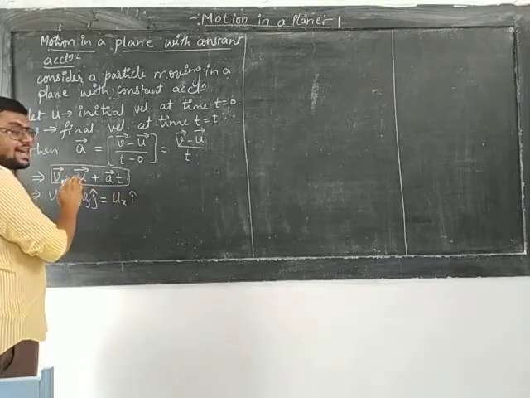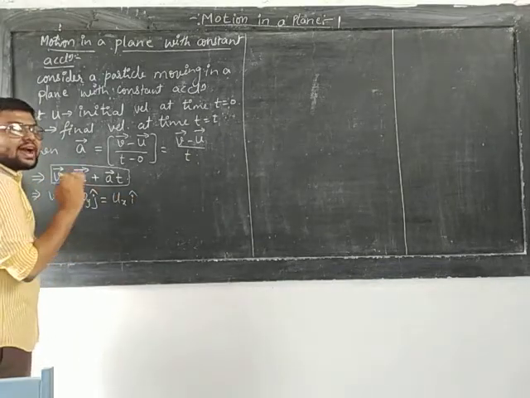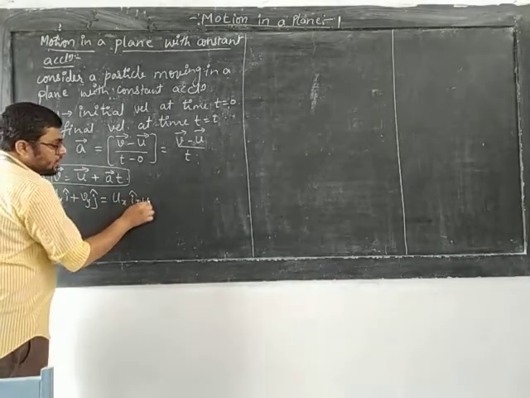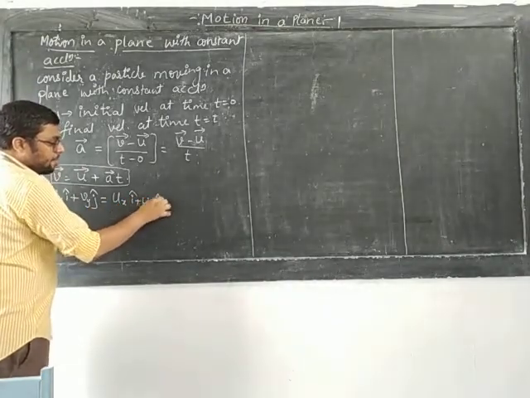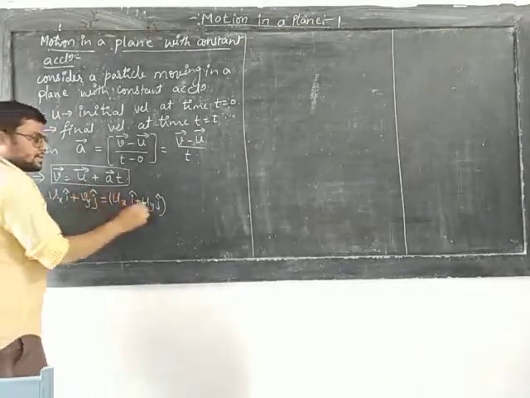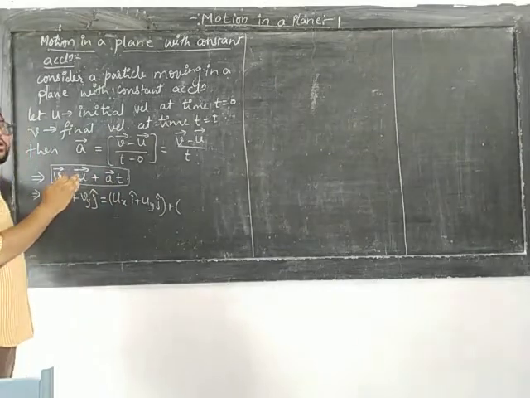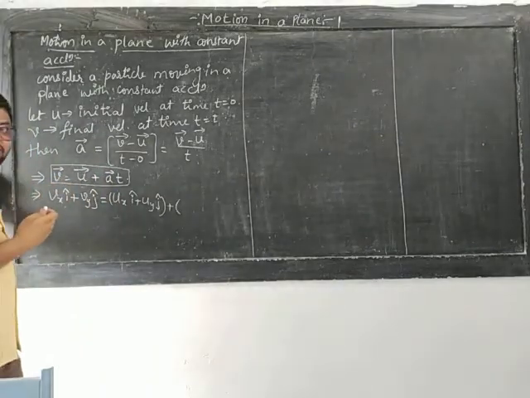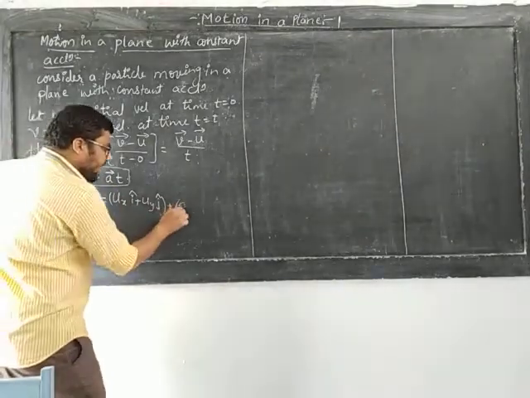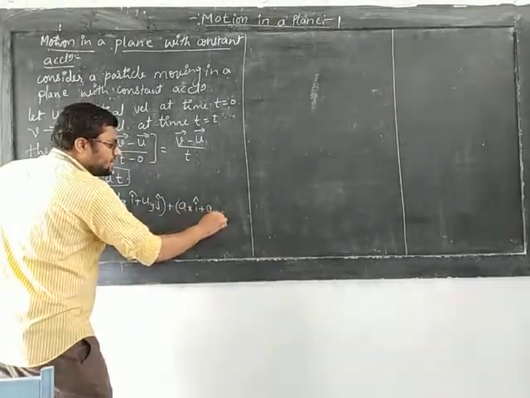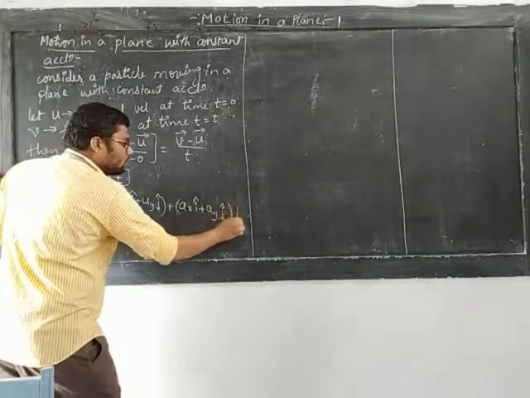Instead of u, I'll consider its components along the x and y axes, that is ux i cap plus uy j cap. Okay, and plus again, acceleration is a vector, so I need to consider its components along the x and y axes respectively. So that is (ax i cap plus ay j cap) into t.